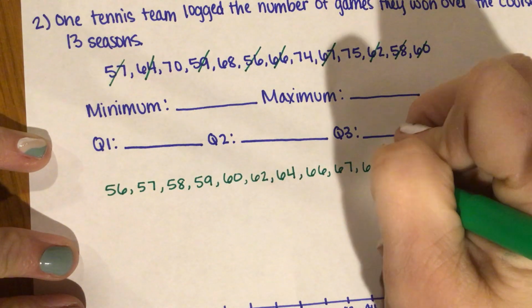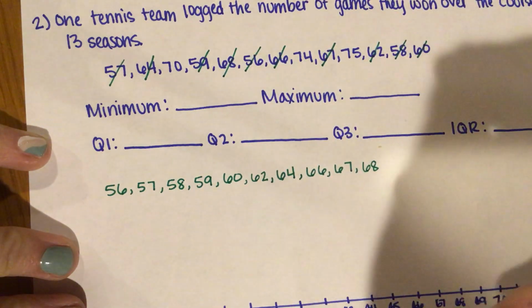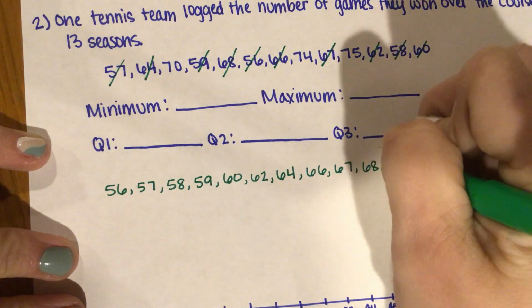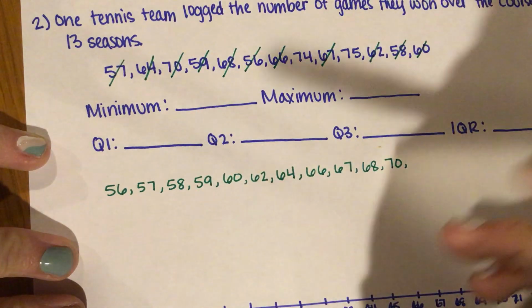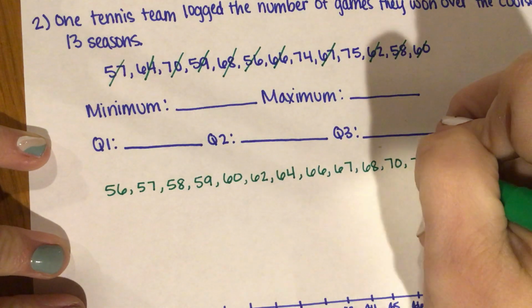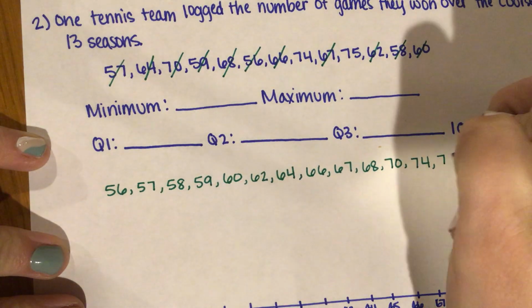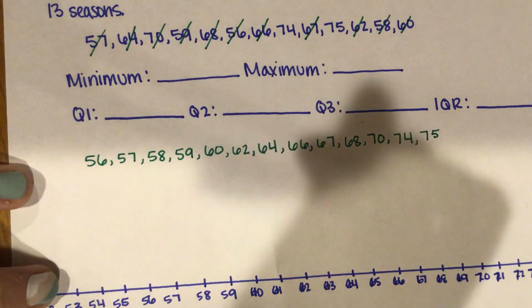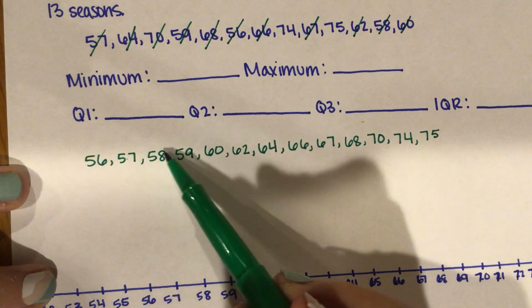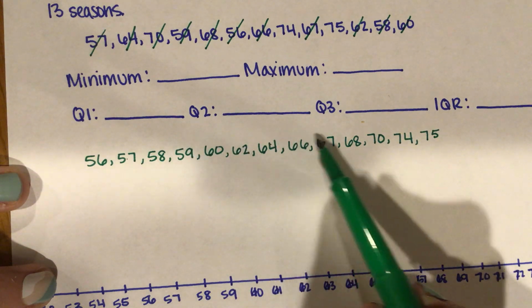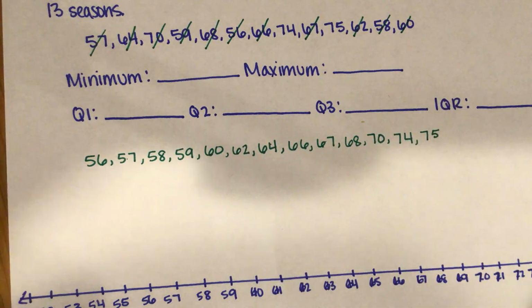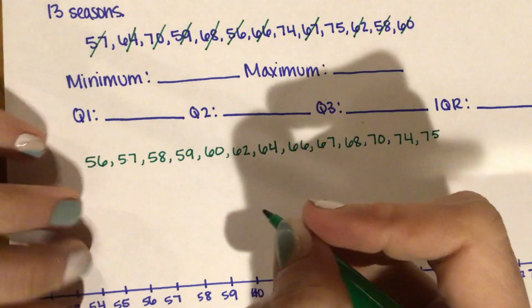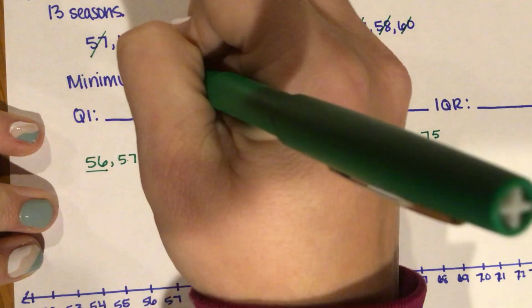There's a 68, a 70, 74, and a 75. I'm going to double check that I have 13 numbers. So 1, 2, 3, 4, 5, 6, 7, 8, 9, 10, 11, 12, 13. Perfect.